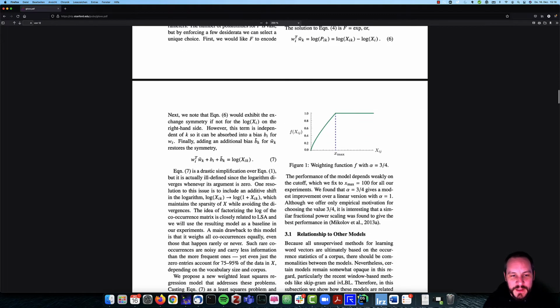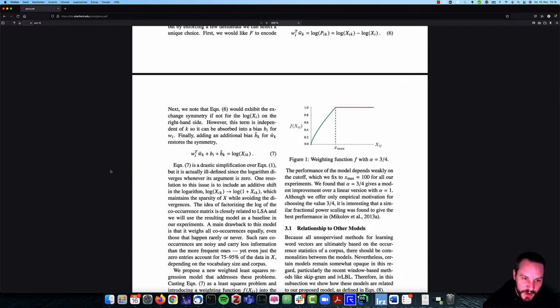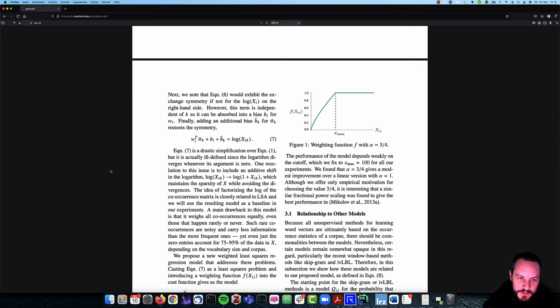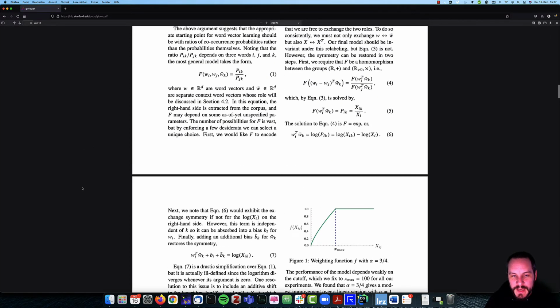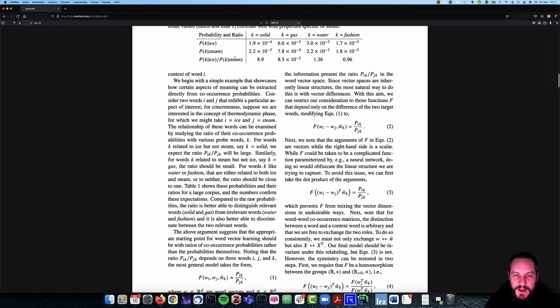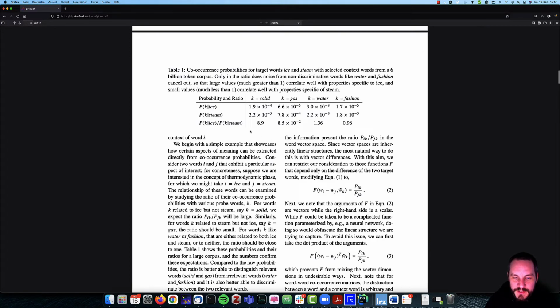Okay, but in the end, what we will have is a prediction kind of problem, and solving this problem will leave us with good vector representations that catch the meaning that is also caught by those probability ratios here. And as you can see here above with this example, this really is able to catch the meaning.